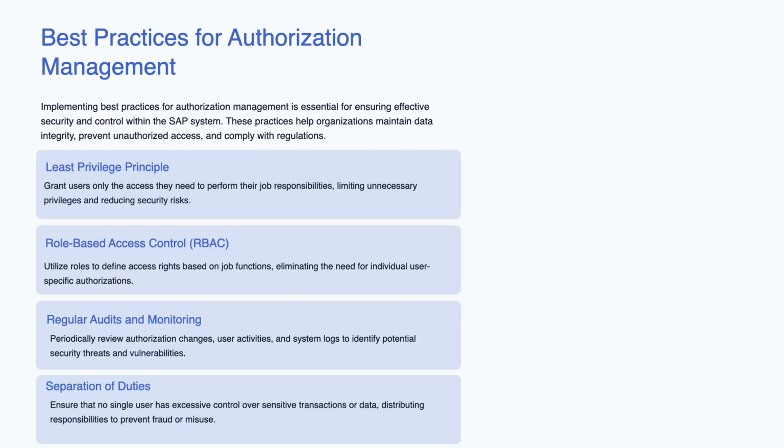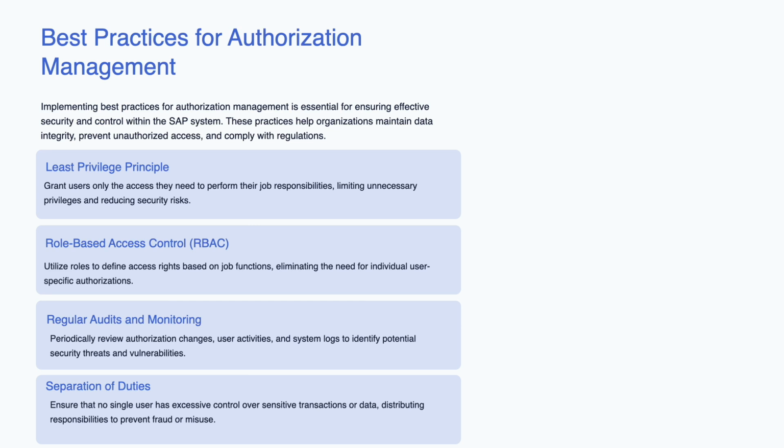To keep track of unauthorized access, we need some best practices for authorization management. Implementing best practices in authorization management is crucial for maintaining security and control within the SAP system. These practices help prevent unauthorized access, ensure data integrity, and support regulatory compliance.